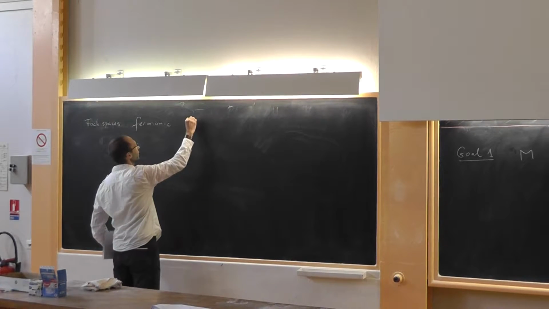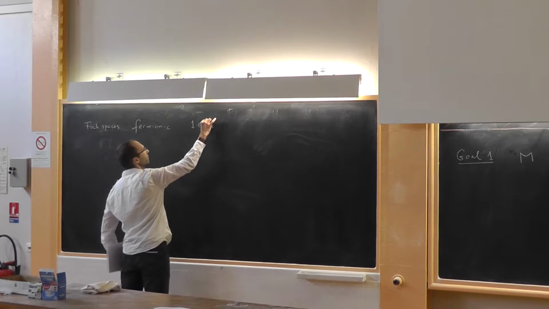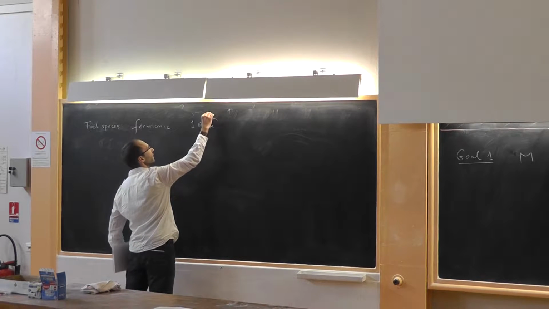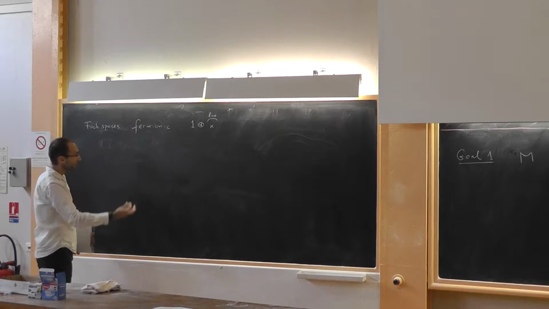If I consider an expression 1 plus x, where x is some monomial, some line, this is a two-dimensional space.